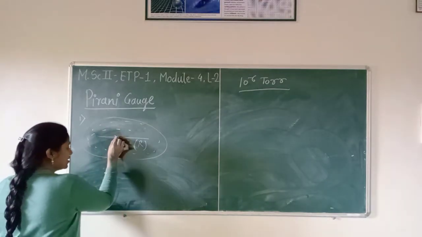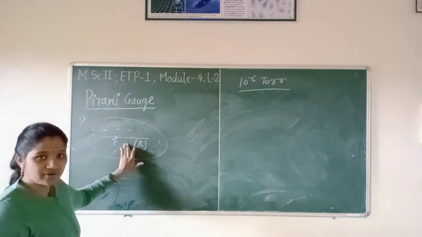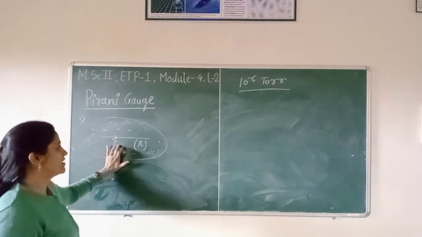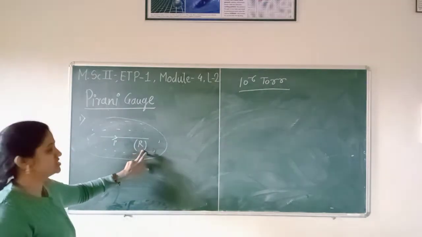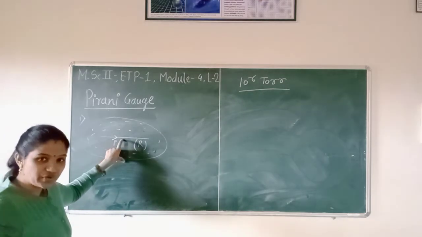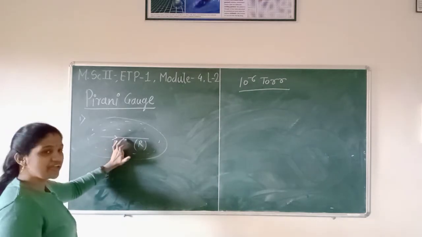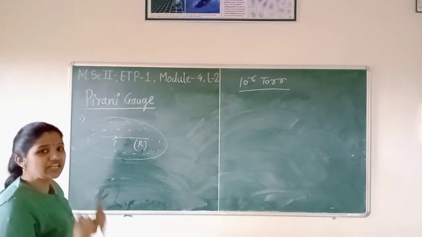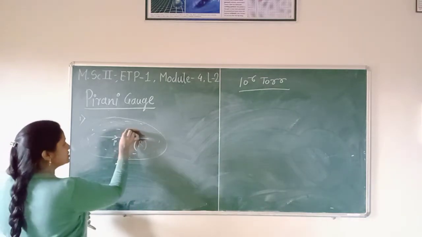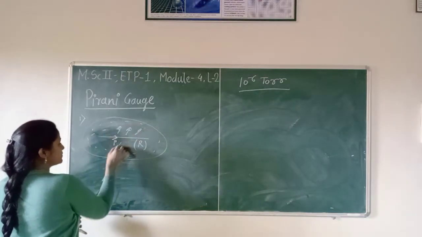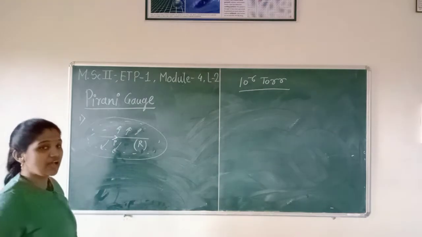As you know, when current is passing through that wire, then due to that current and depending on the resistance value, that wire is going to heat, meaning that wire dissipates heat to the surrounding.